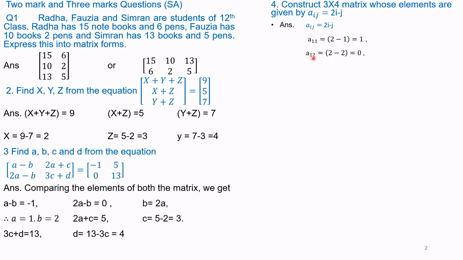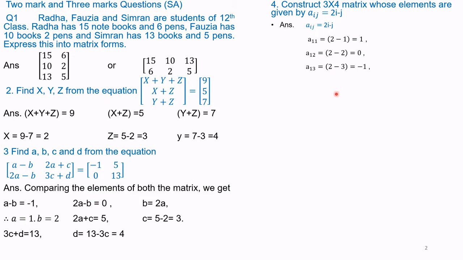A13, this is first row, third column. So, 2i is 2 into 1 is 2, minus j, third column is 3. Therefore, 2 minus 3 is minus 1. Okay, we have to substitute all values in the equation Aij is equal to 2i minus j.